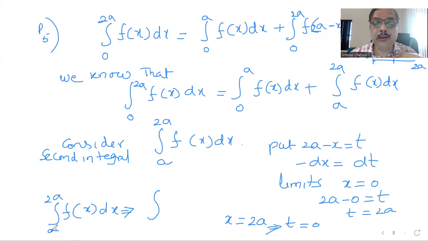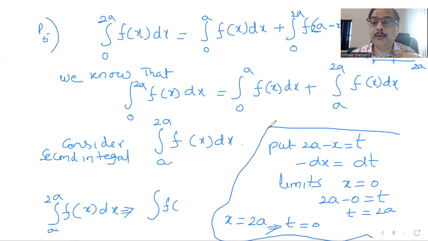What did we do now? In the place of x, first you write down the transformation, x is equal to 2a minus t, dt with a minus sign outside. Sorry, a small error came here.